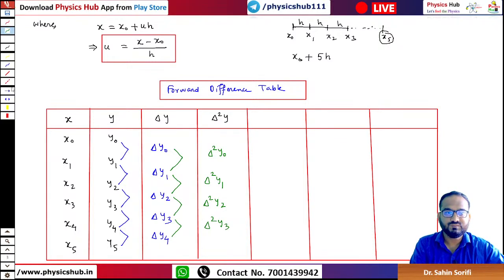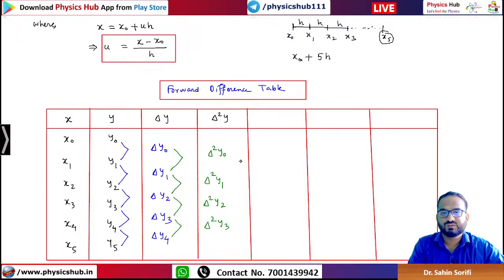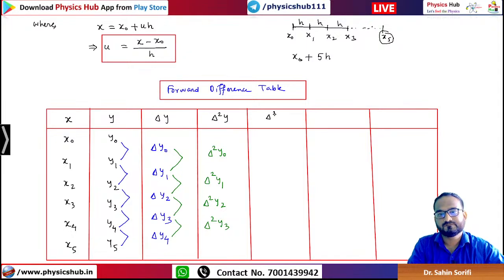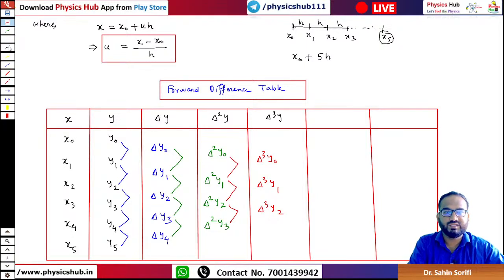Now from this we can find delta cube y, evaluated between these values: delta square y1 minus delta square y0. So we get delta cube y0, delta cube y1, delta cube y2.